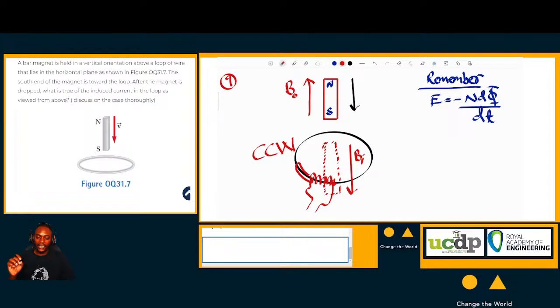Now you use the direction of the induced magnetic field to determine the direction of the induced current using your right hand grip rule, where your four fingers point in the direction of the magnetic field and make sure that you are gripping the conductor. So your four fingers are indicating the direction of flow of current inside the loop, and your thumb will self-align in the direction of the induced current.